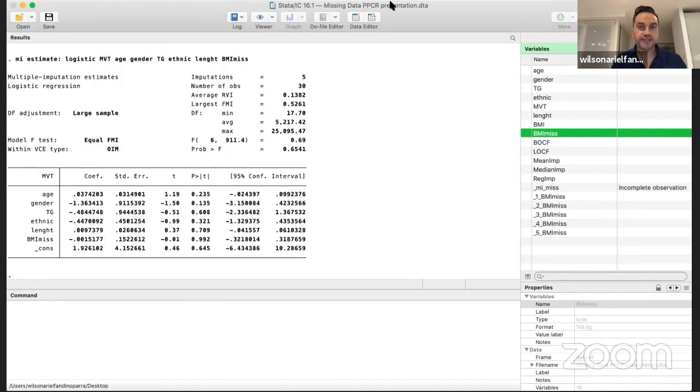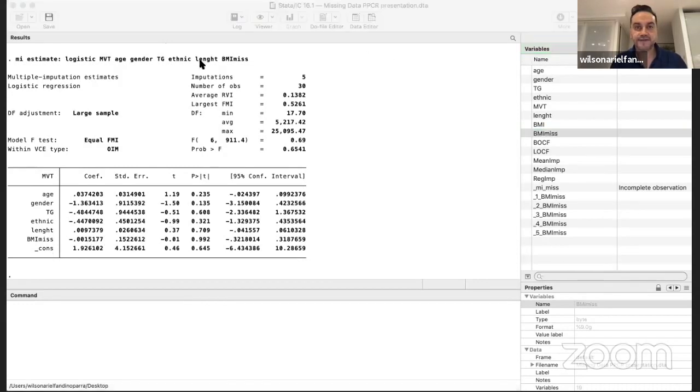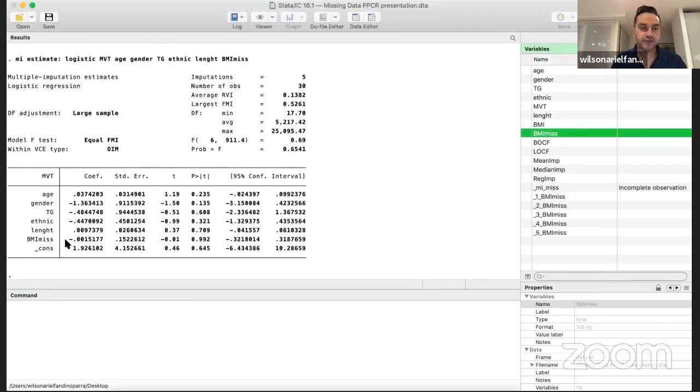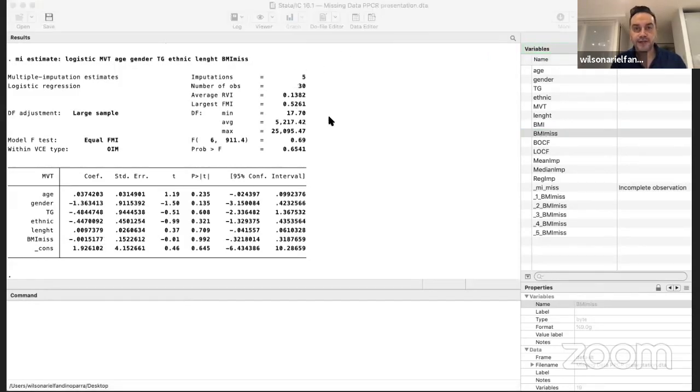Based on these 5 data sets, Stata was able to construct coefficients, obviously already imputing these values here.